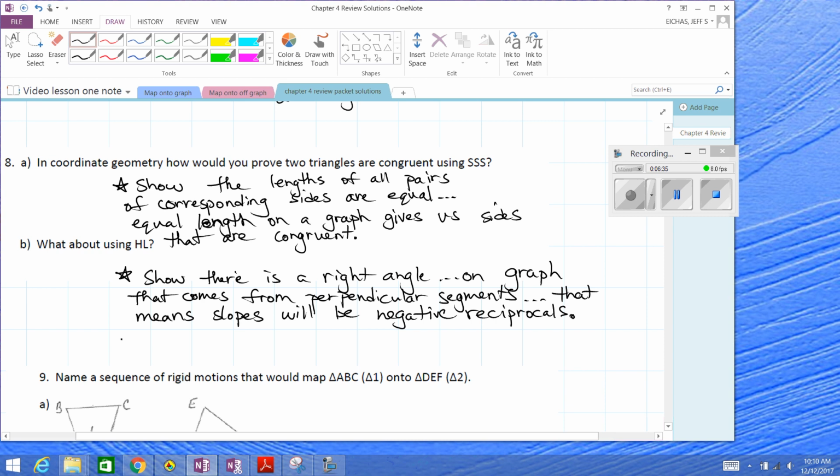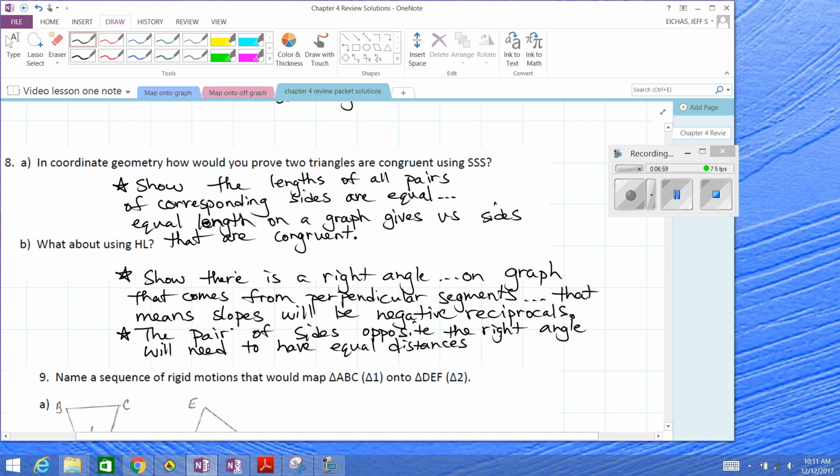Then the pair of sides opposite the right angle will need to have equal distances, which gives us the hypotenuse requirement.